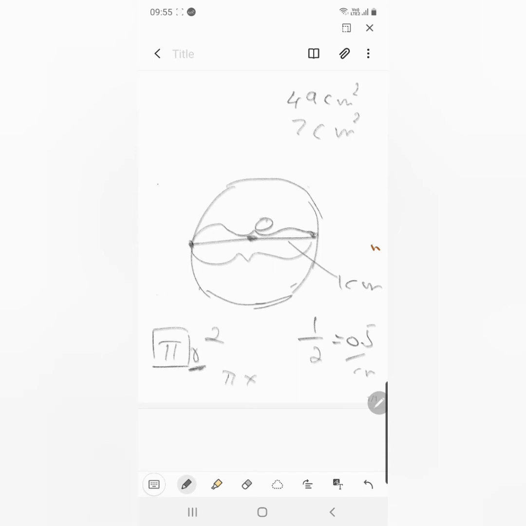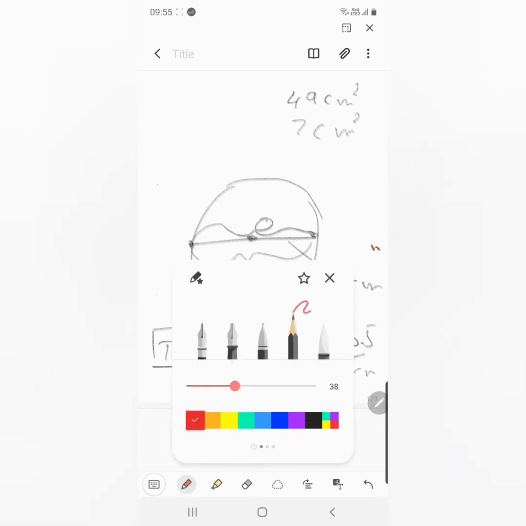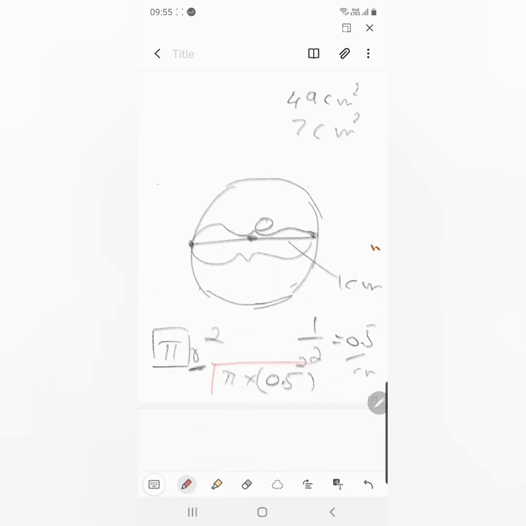So pi times r square, and find this number. Talk about pi another day, and this number and this number, and we have the area of that particular shape. So let's focus on 0.5 square.